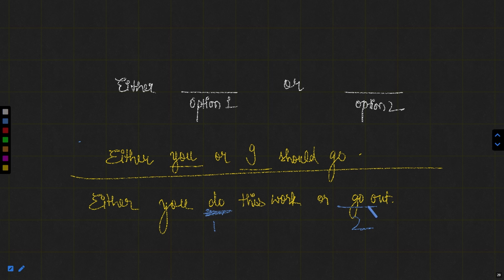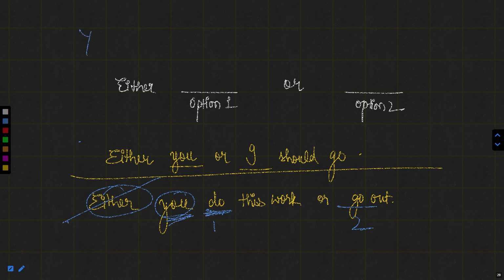So these two are the options. But we are writing either before the word you. Is you in the option? No. So this word you is not the option. Therefore, this word either should not be preceded by this word. So this structure of the sentence is incorrect.